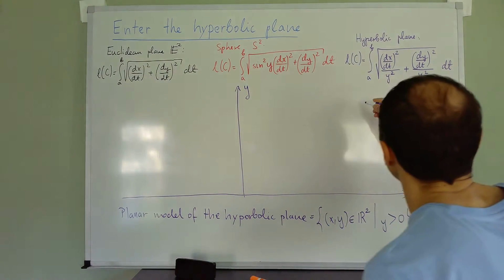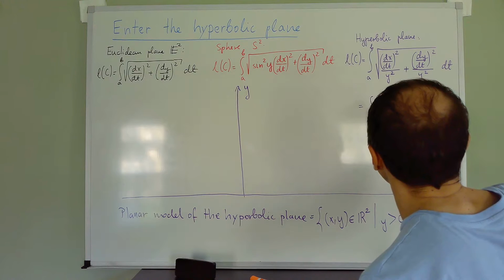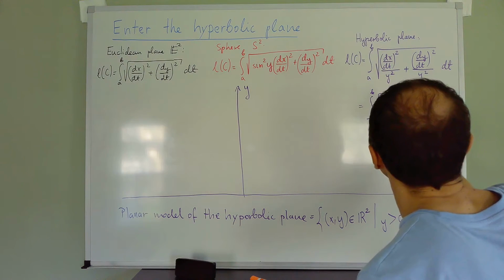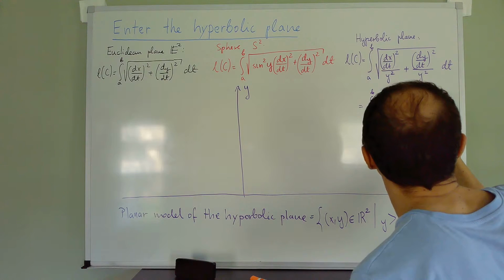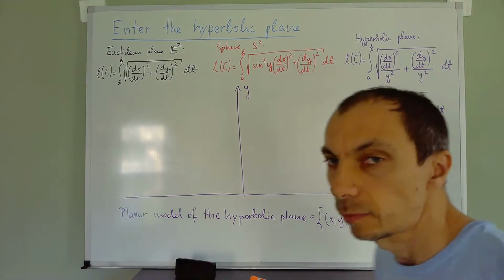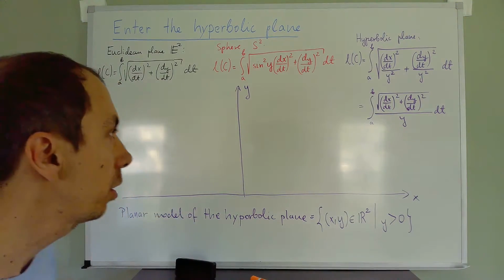I just want you to notice that this integral can be simplified. I can take the y squared outside of the radical, and so it's just this. All right, last time, let me say about this, there's this trichotomy here.